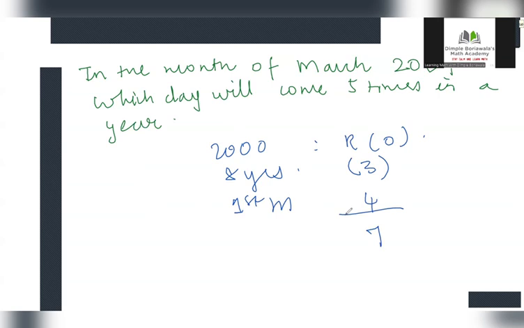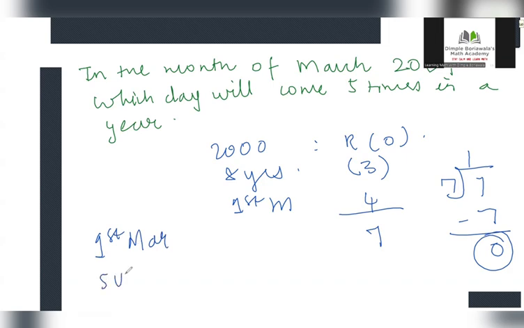Let us divide 7 by 7. 7 ones are 7, remainder is 0. So as we have got remainder 0, my first March will be Sunday. March is a 31 days month. So first, second and third, Sunday, Monday, Tuesday will come 5 times in a month.